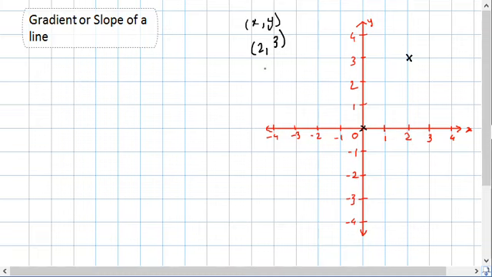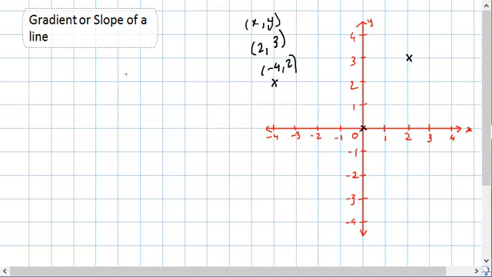Now similarly, if we have to locate the point (-4, 2), -4 on the x-axis is on the left hand side, extreme left, and 2 on the y-axis is at this point. So that's our point (-4, 2).